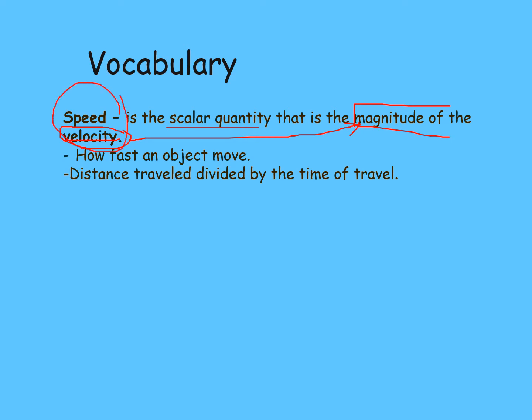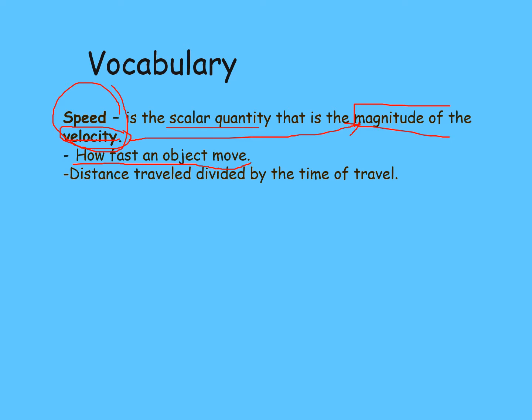Speed and velocity are similar because they measure how fast an object moves. The difference is that speed only shows the magnitude, but velocity shows the magnitude and the direction of the moving object.